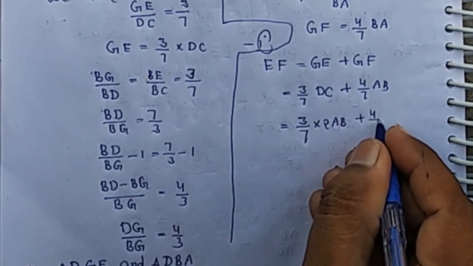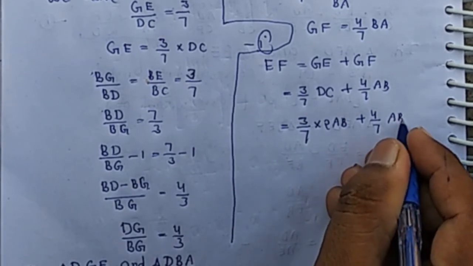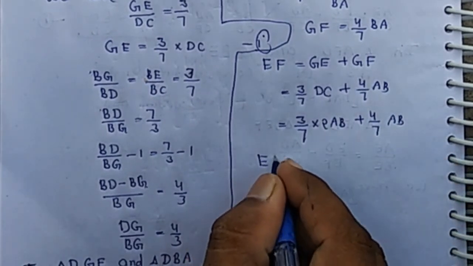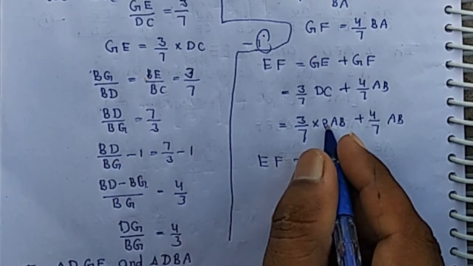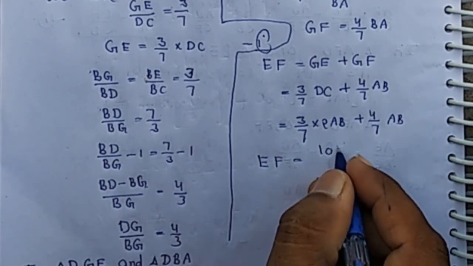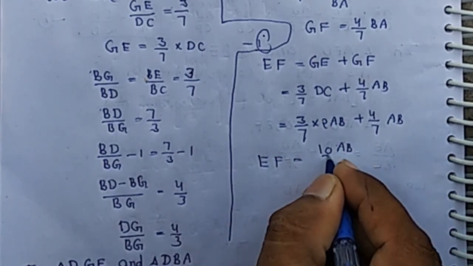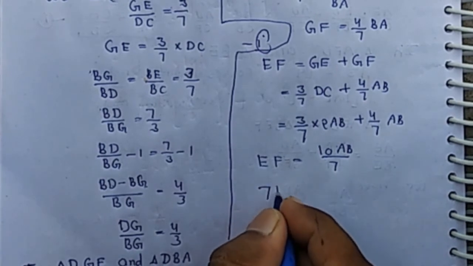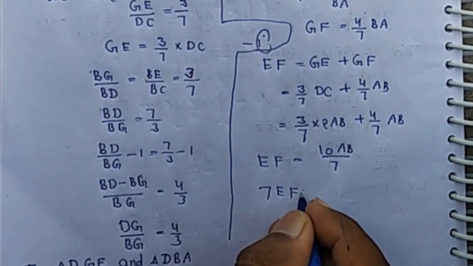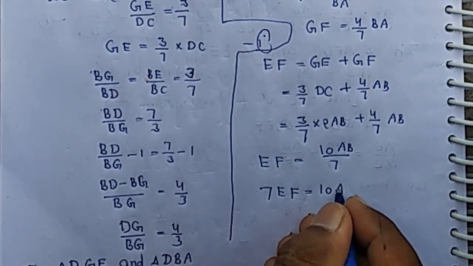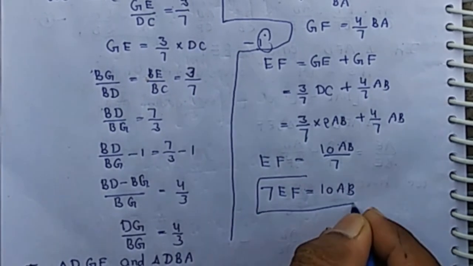So it is 6 by 7 AB plus 4 by 7 AB, and EF is equal to 6 plus 4, means 10 by 7 AB. Then 7 into EF is equal to 10 into AB, and it is proved.